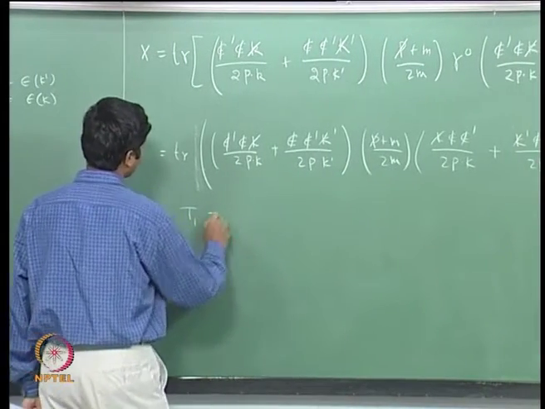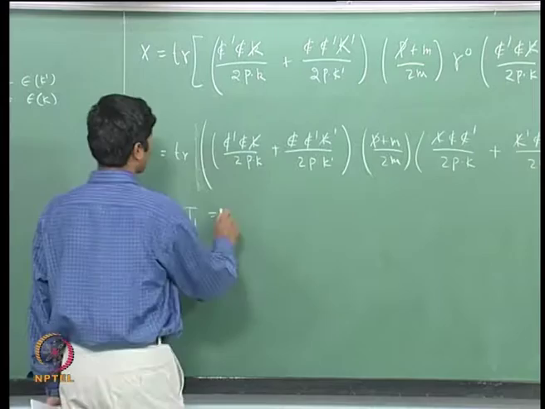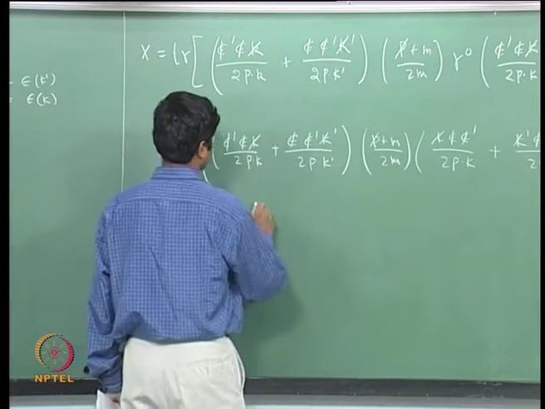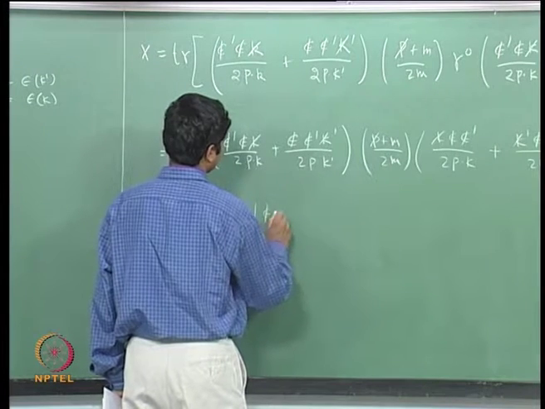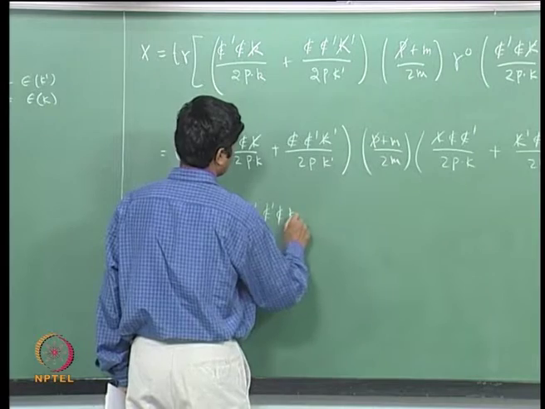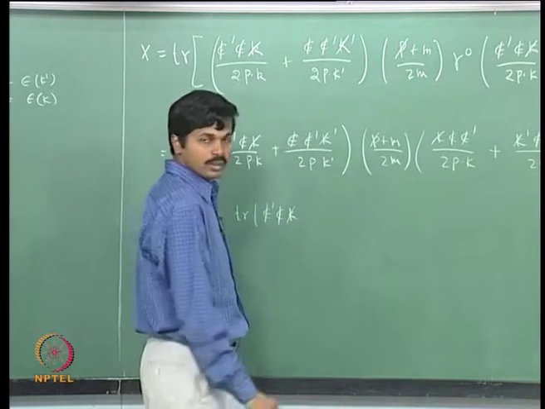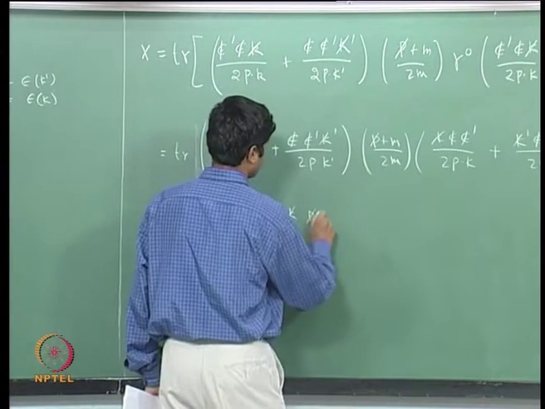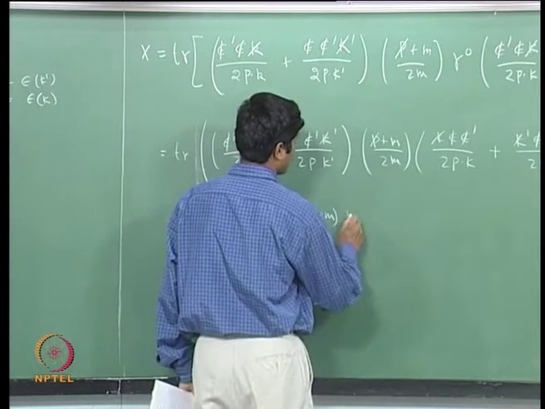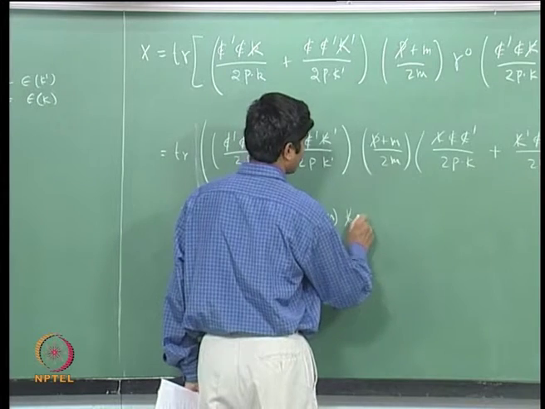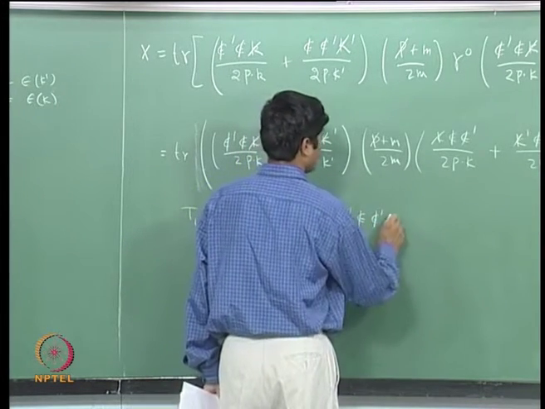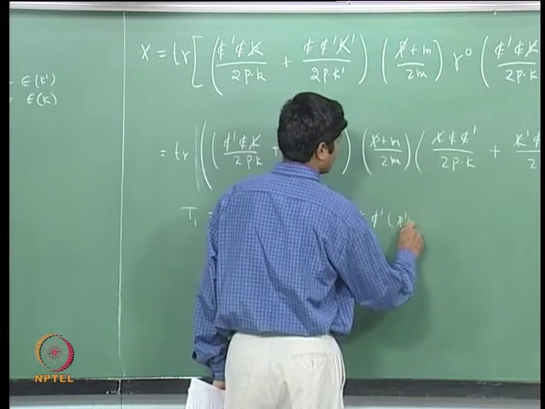For example, T1 is nothing but trace of epsilon prime slash epsilon slash k slash and then p slash plus m, k slash epsilon prime slash and p prime slash plus m.